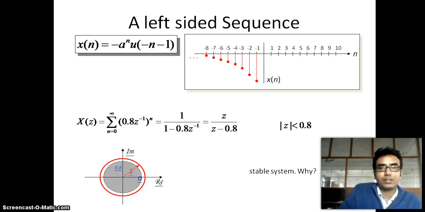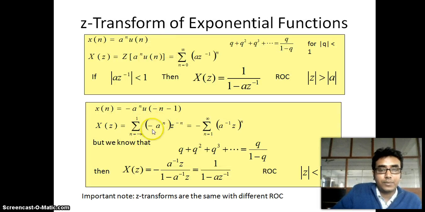So here is a sequence which is an anti-causal sequence, minus a to the power n u[minus n minus 1]. If you find the z transform, here you can say that the range is minus infinity to minus 1. So the z transform of the signal, if you change the limit, then it will become a inverse z, and the z transform X(z) will be 1 by 1 minus a z inverse.